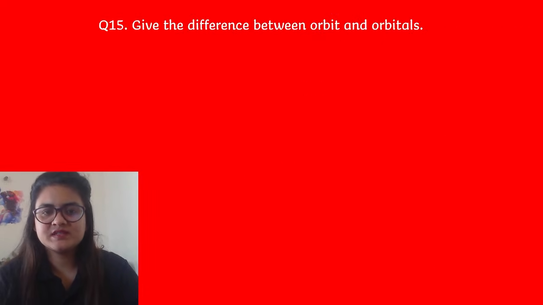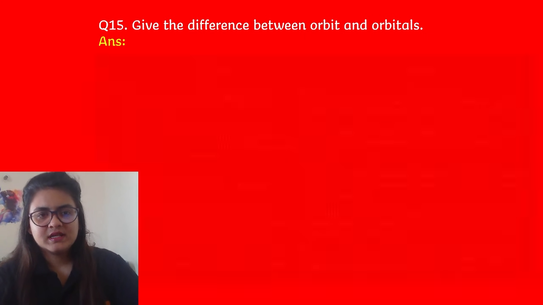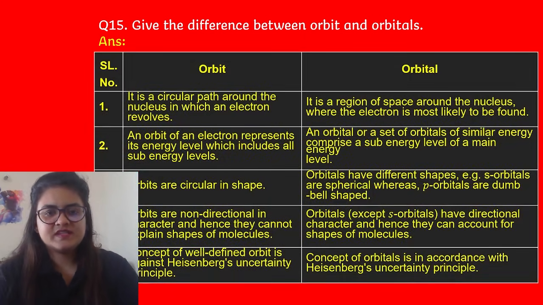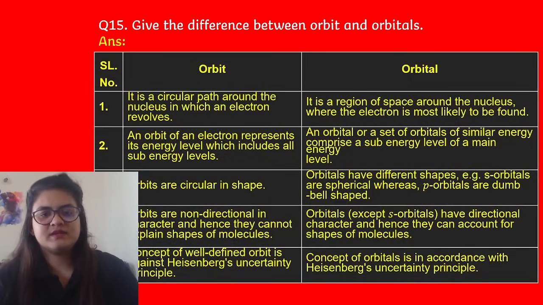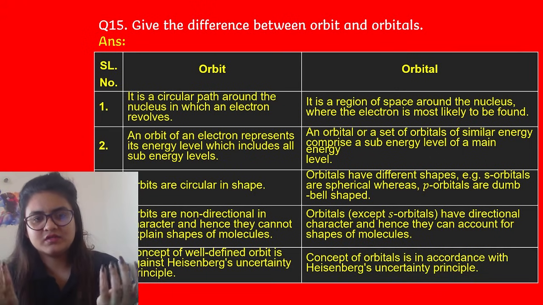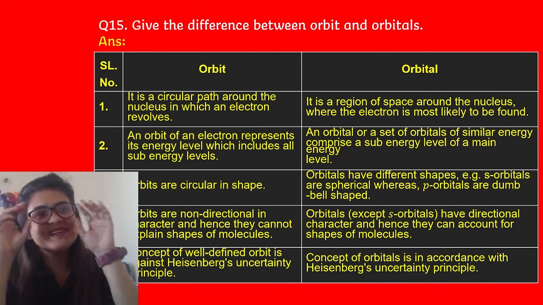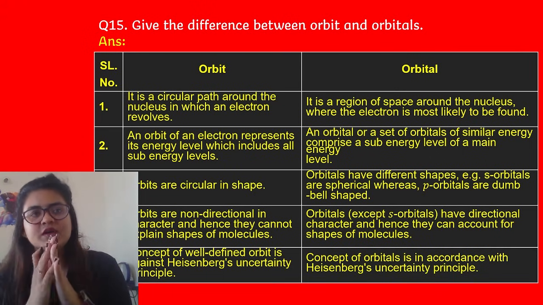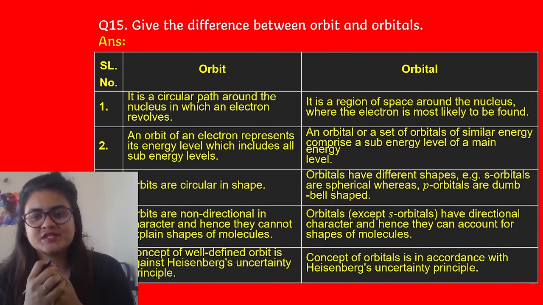Yes, let's proceed. Give the difference between orbit and orbital. So this is the difference. Orbit means a circular path around the nucleus where the electron revolves, but orbital means a region or a space where the probability of finding the electron is maximum.